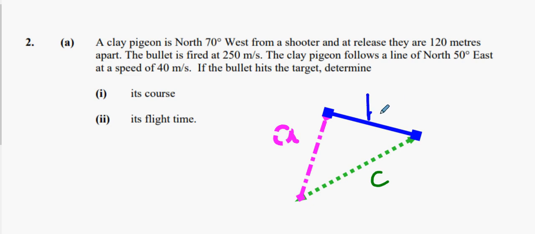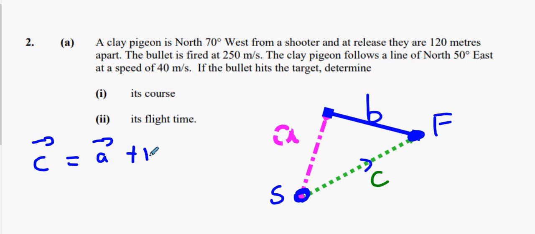And what the triangle law is basically saying is, if I want to start here and finish here, start at S, finish at F, I have an option. I can take factor C directly, or I can do factor A followed by factor B. Is everybody cool with that?